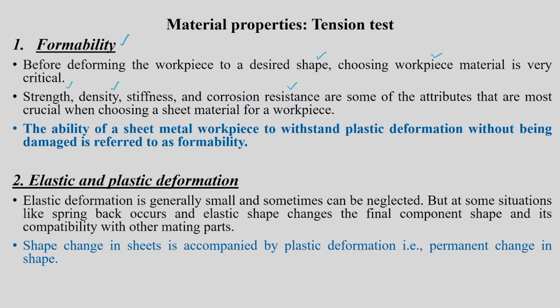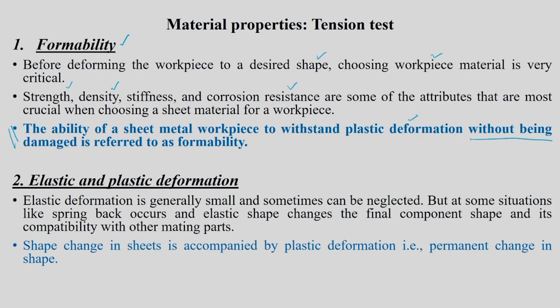So now in this context, if you want to define formability, we define it like this. A typical definition of formability is this: the ability of a sheet metal workpiece to withstand plastic deformation without being damaged is referred to as formability. So ability of sheet material to withstand plastic deformation, that we already know because we want to give permanent shape change.